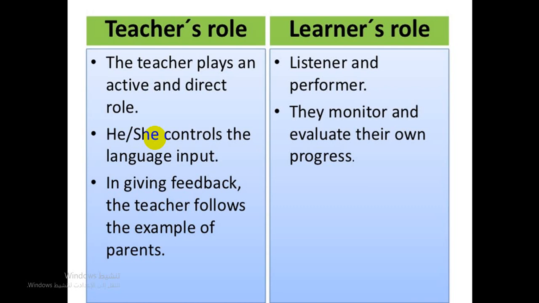And the teacher's role in this method: the teacher has a direct and active role, with the responsibility of providing the best kind of exposure to language.